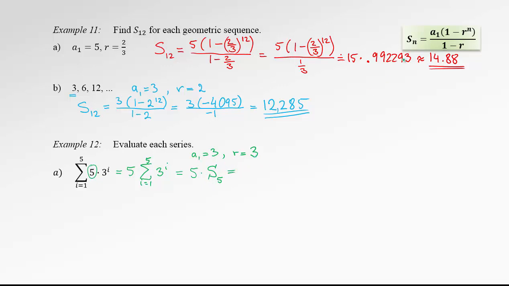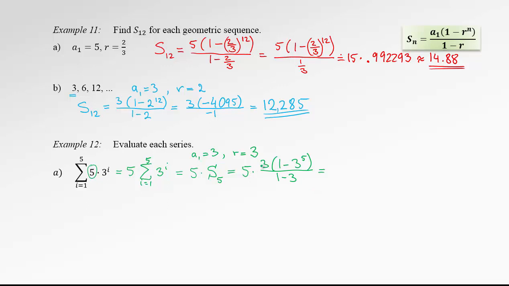Therefore, we can apply the formula for the first 5 terms of such a sequence.